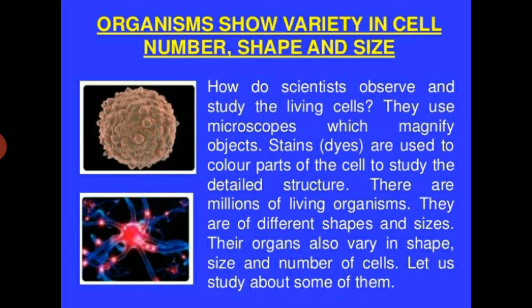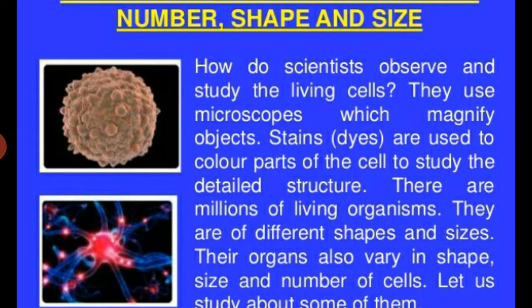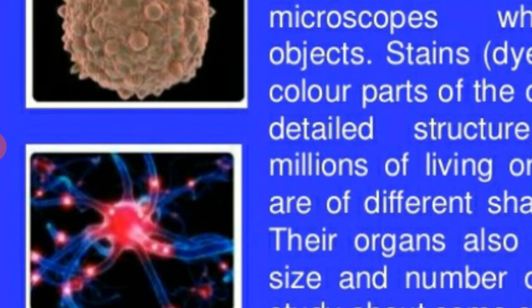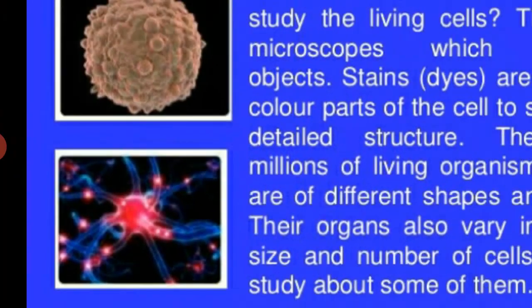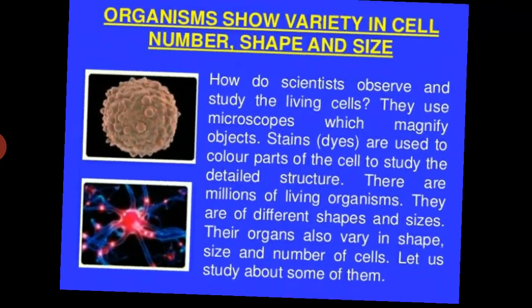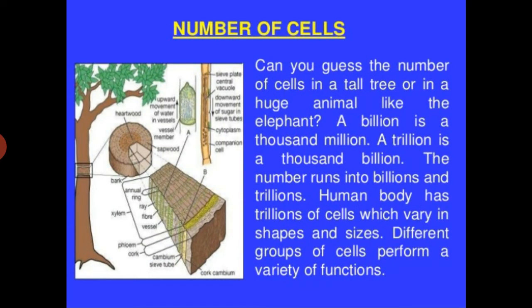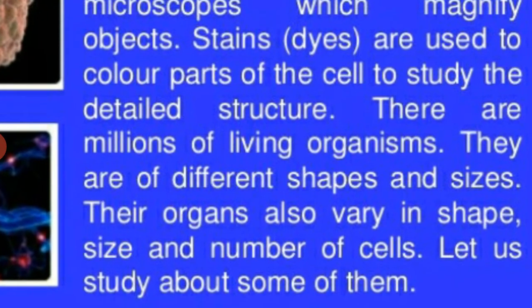Next, let us study some of them. Look at this picture of the cell, a minute part of the cell. It's a single cell and it's a bunch of cells. Next we see the number of cells. Here we talk about the sentence: their organs vary in shape.